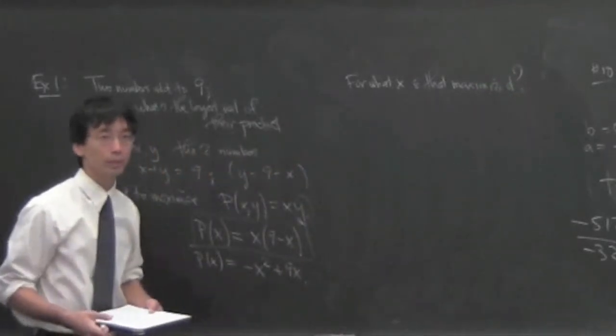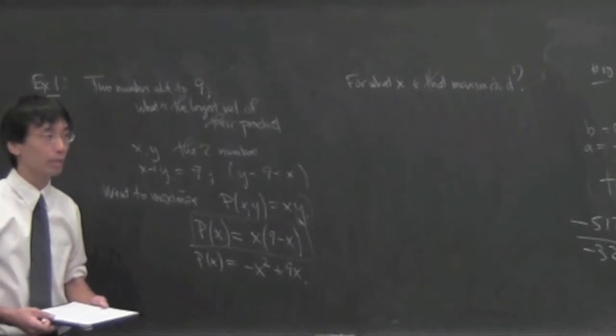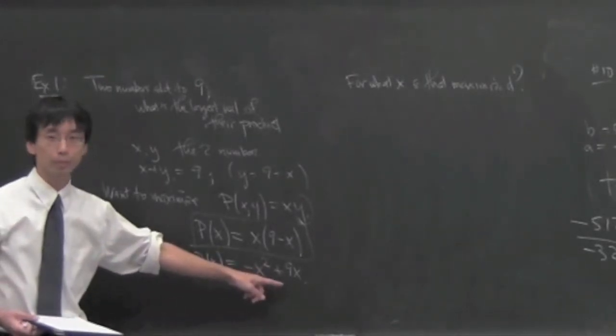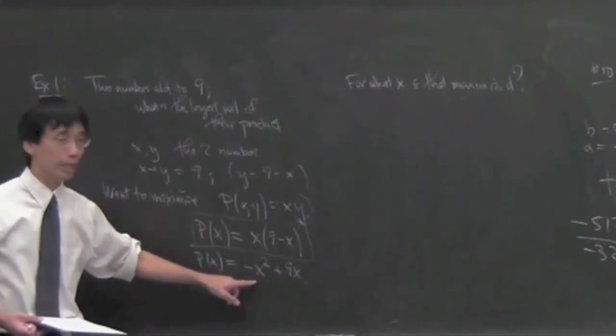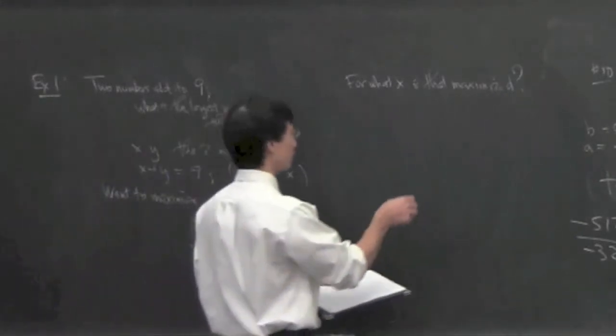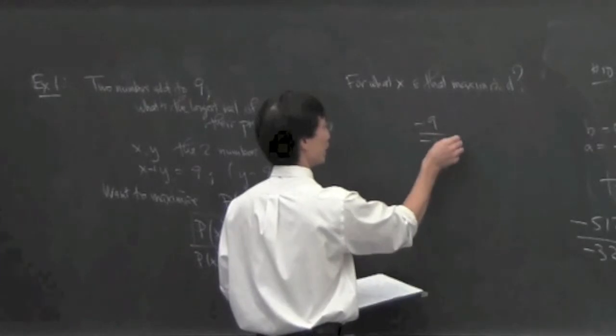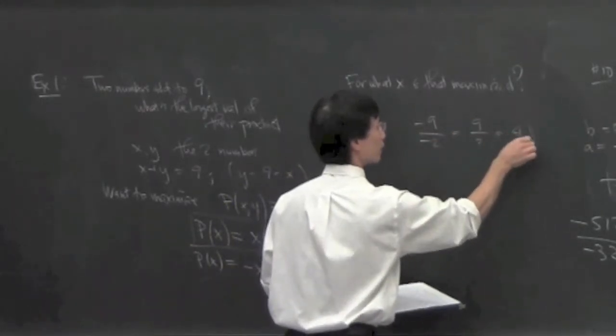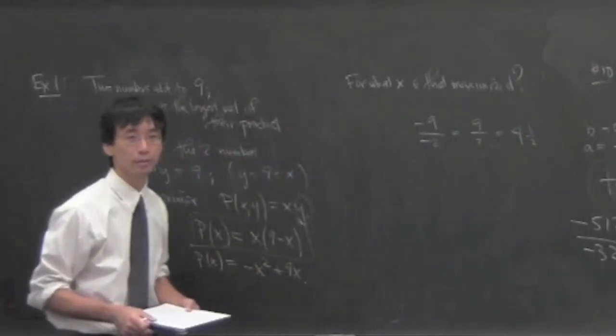And we know, it's negative b over 2a. So it's negative 9 over negative 2, in other words, 9 halves, 4.5. Right, that's what you guessed.